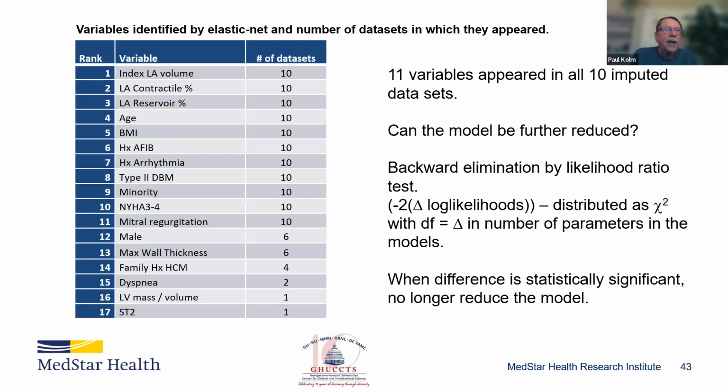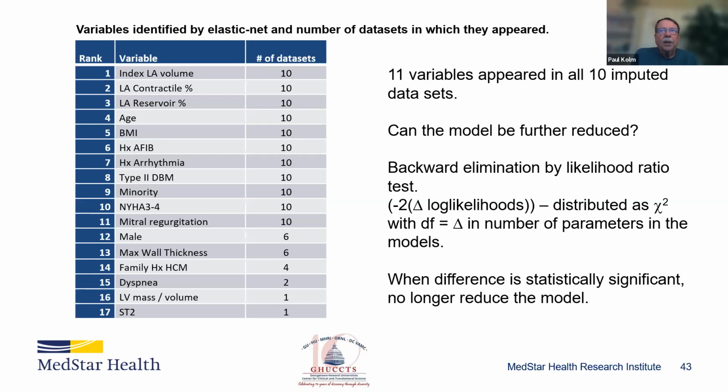That turns out to be 11 variables that would give us our best model of atrial fibrillation. Now, 11 is still quite a few, so we asked, can we reduce the model further? We took those 11 variables and did backward elimination, using the likelihood ratio test.